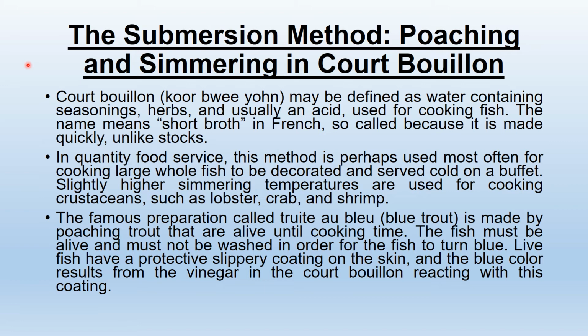All right, the first one, the submersion method, poaching and simmering in court-bouillon. Court-bouillon may be defined as water containing seasoning, herbs, and usually an acid, used for cooking fish. The name means short broth or quick broth in French, because it is made quickly, unlike stock.